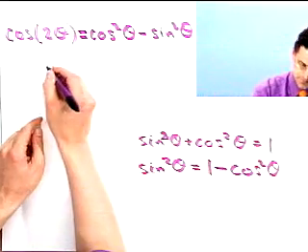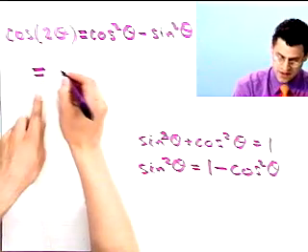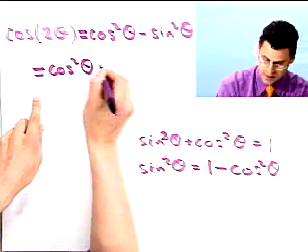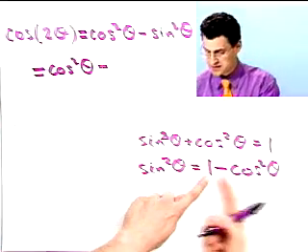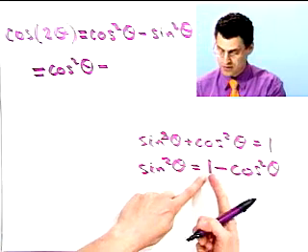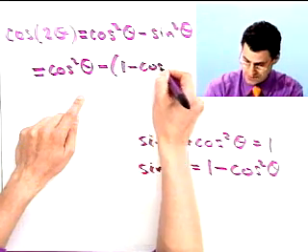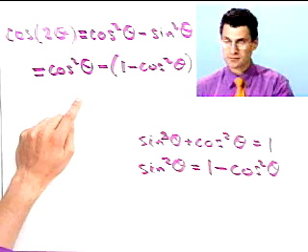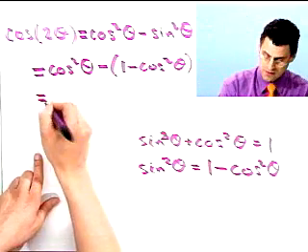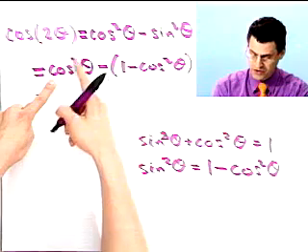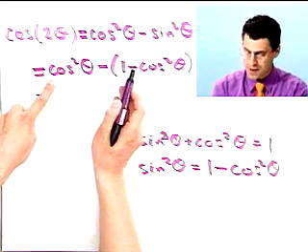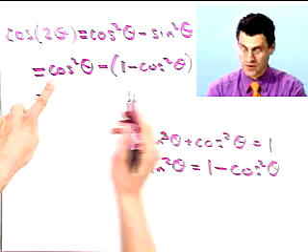Well, let's actually try that. I still have that cosine squared theta way out in front, but now I have to subtract off everything, 1 minus cosine squared theta. So if I do that, what do I see? I see cosine squared theta, minus a minus becomes a plus another cosine squared theta.